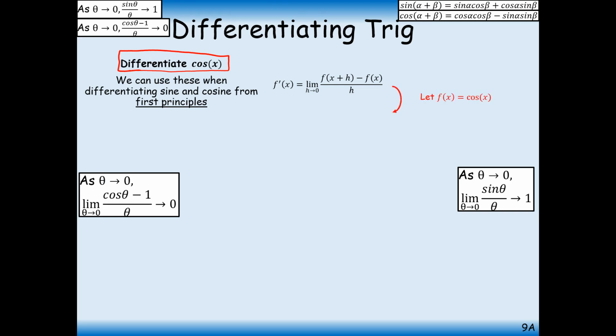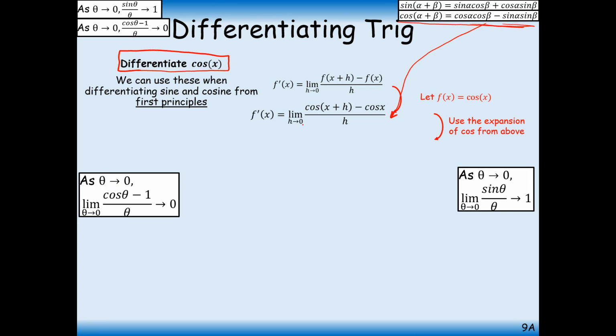All right, so it goes like this. We're going to replace the first x plus h, and wherever we see f, we're going to replace that with cos. If you haven't seen this already, you can use this expression here, which is given to us on top of the page.